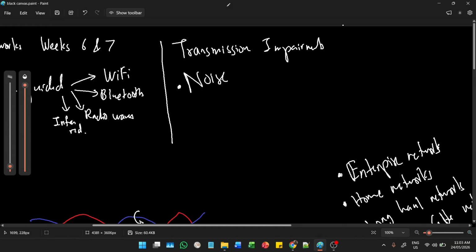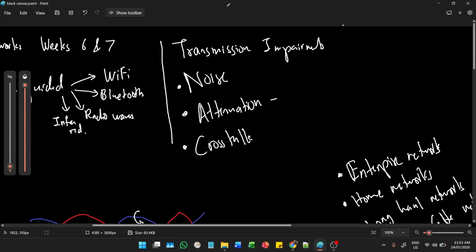So, essentially, what is noise? Noise has four types. There's white noise, there's intermodulation, there's impulse, and there's EMI, electromagnetic interference from other devices. So, there is noise, yes, but there's another very important one known as attenuation. And finally, there's something called crosstalk.